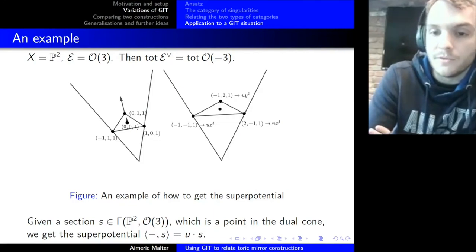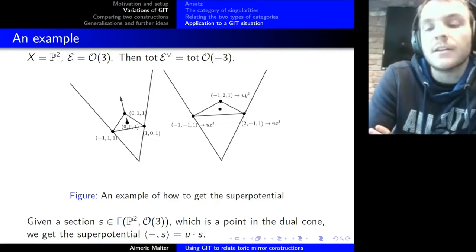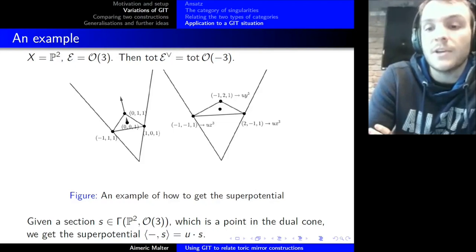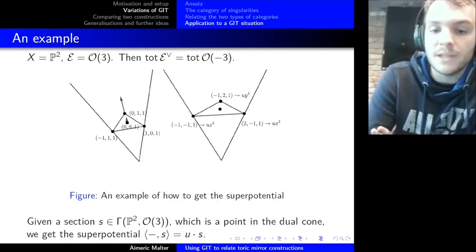You take a cone over these 3 points, and each point in the dual corresponds to a global function, which is what I've done here. So the top bit, -1 to 1, corresponds to u_y cubed, you have u_x cubed, you have u_z cubed, and you have everything in between. So a section of O(3) is a point in the dual cone, and you get the superpotential just by taking u times that monomial or polynomial that you take from the points that you've chosen.